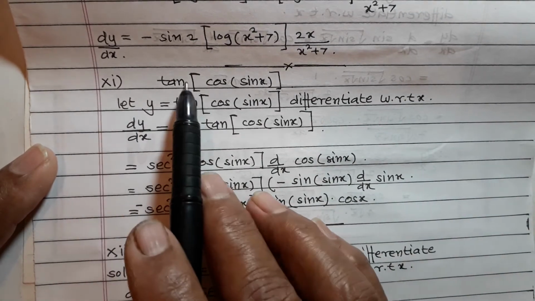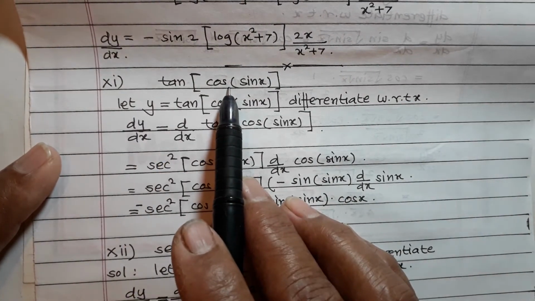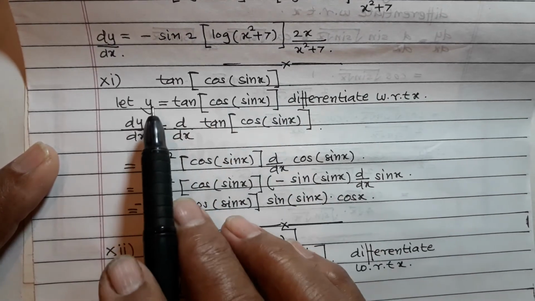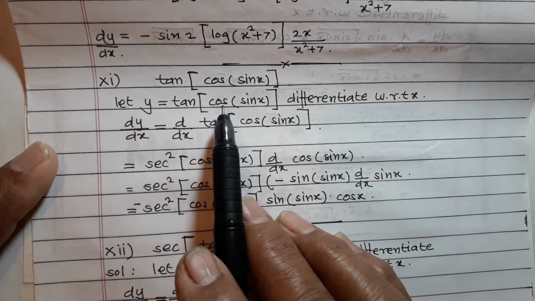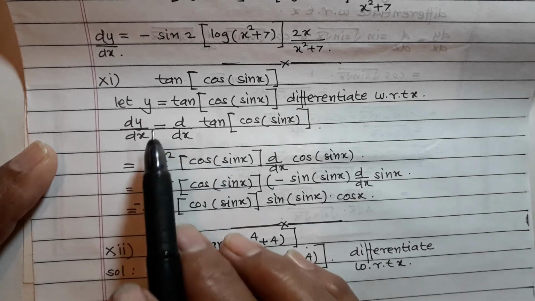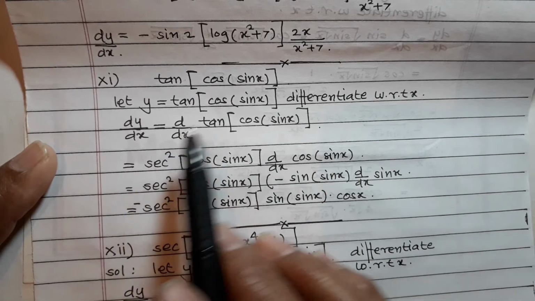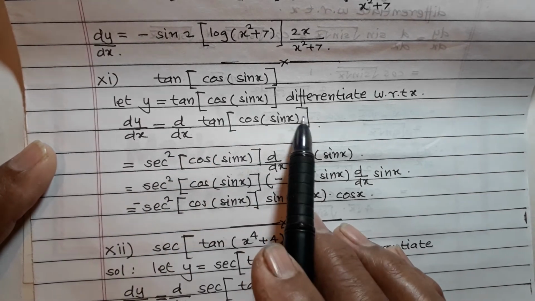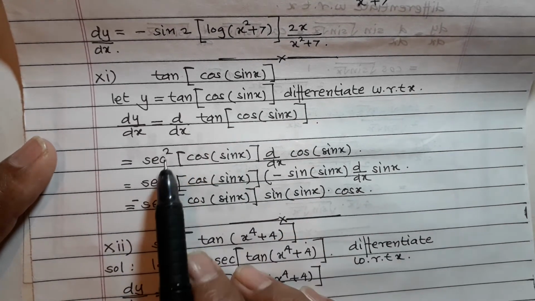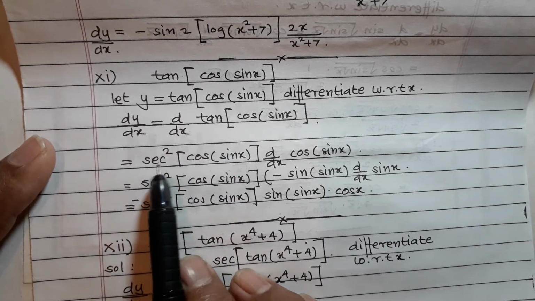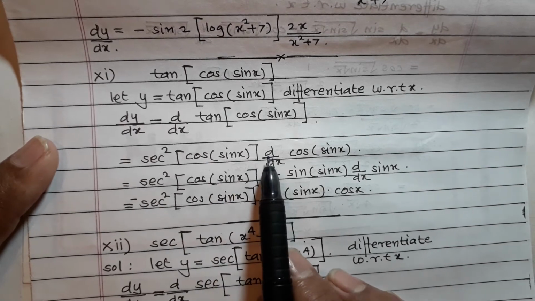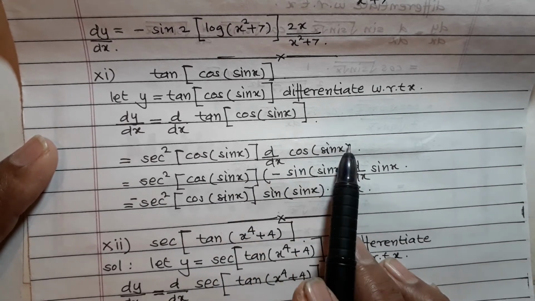Question number 11. tan of cos of sin x. So y is equal to tan cos sin x. Differentiate with respect to x. dy/dx is equal to d/dx of this y. Now the first one, differentiate tan x, that is sec² x. So dy/dx is equal to sec² of cos sin x and the derivative of cos sin x.